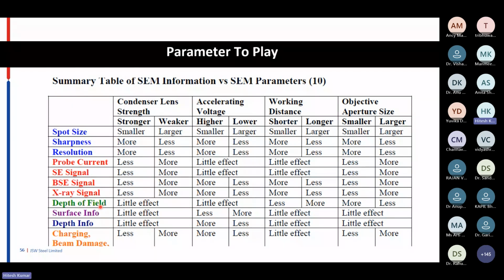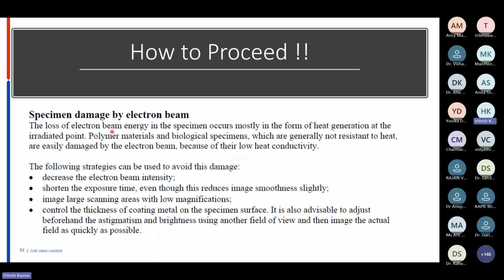Then you will have high charging or beam damage. That is mostly the case with polymers. So these are the examples.